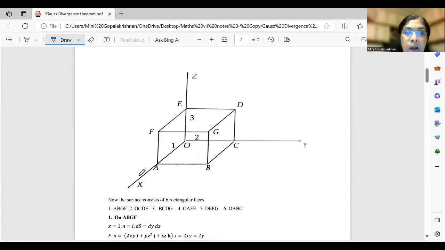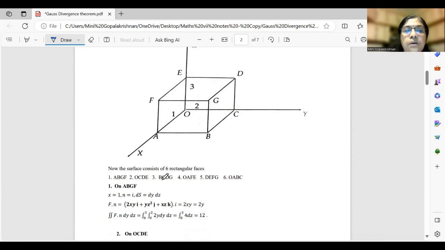The vector coming out of the surface ABGF will be the vector i, so that is why n becomes i. Everywhere on this face the x value will be maximum, which is equal to 1. At the same time, x will be a constant, and because x is a constant, dx becomes 0. So your surface area dS will be dy dz.